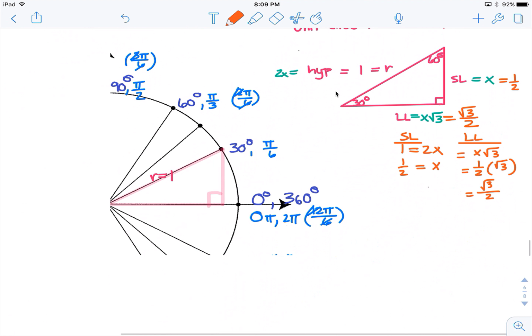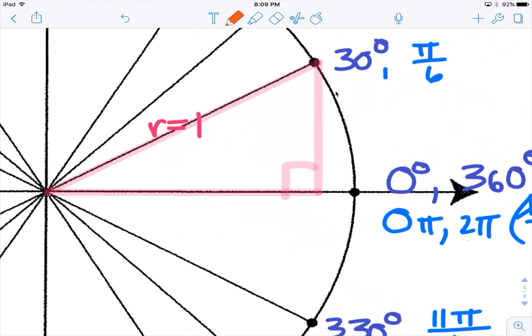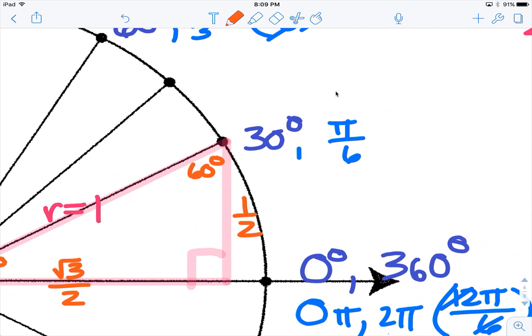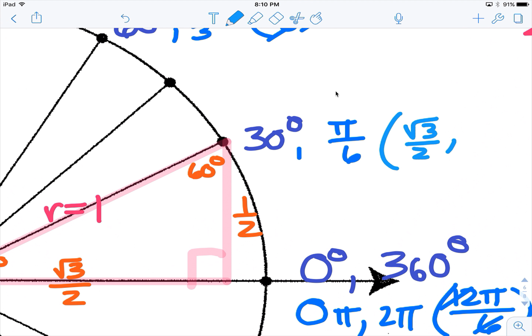Okay, so in our right triangle, our longer leg is square root of 3 over 2. There's our 60. Across from the 30 is our shorter leg, which is 1/2, which means using our x and y coordinates, our x value is root 3 over 2, and our y value is 1/2.